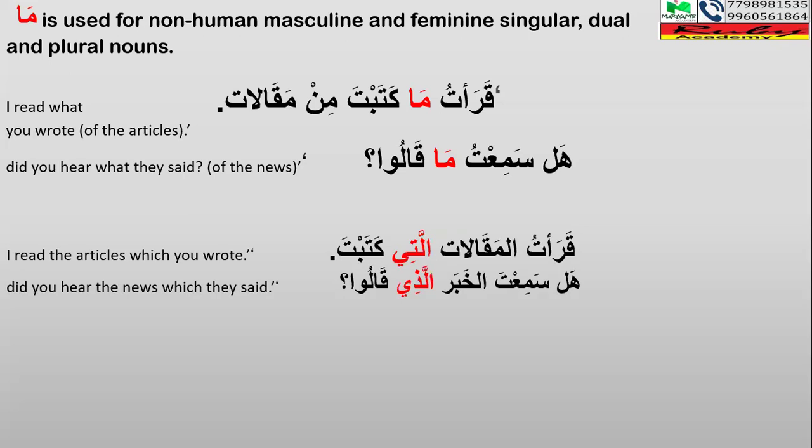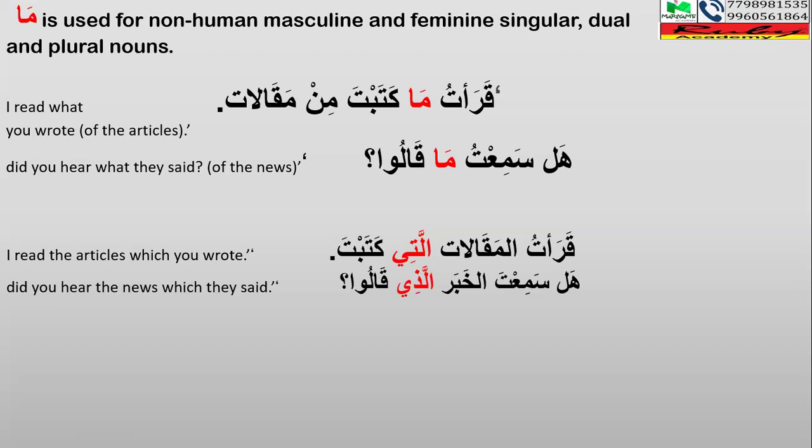But if you replace ma with allazi forms, then you need to use them according to gender and number. So the first we are using allati because we are talking about non-human plurals, articles.